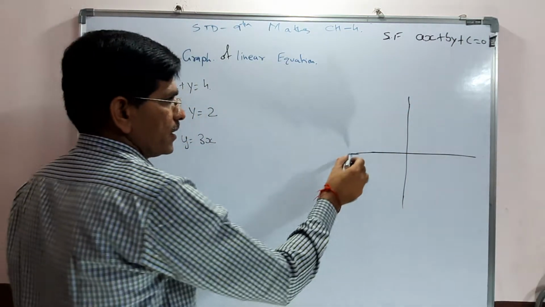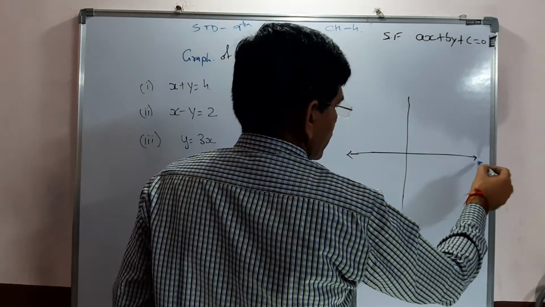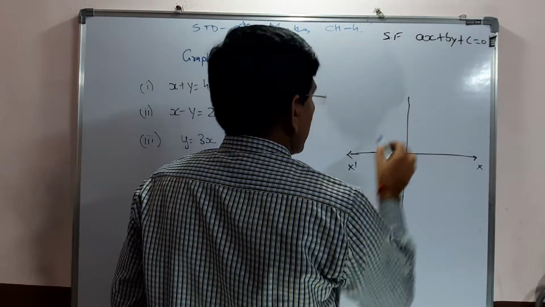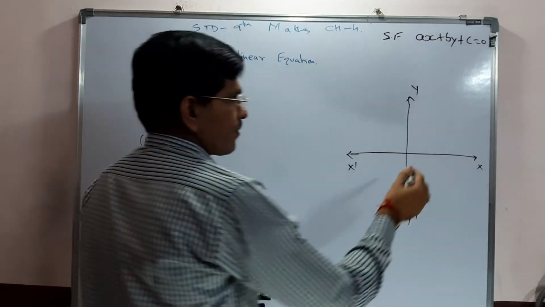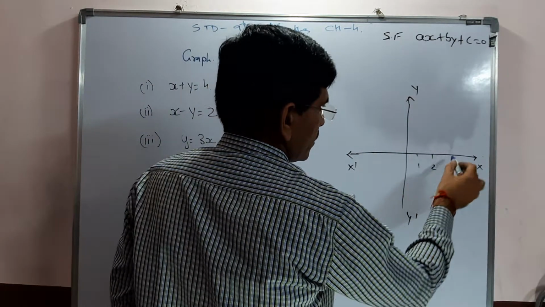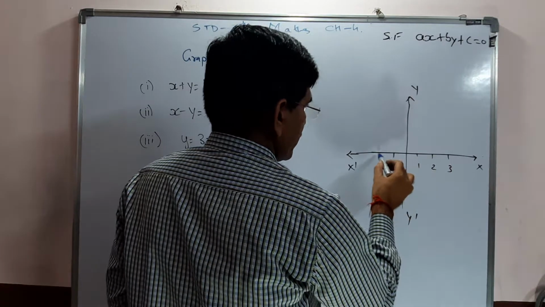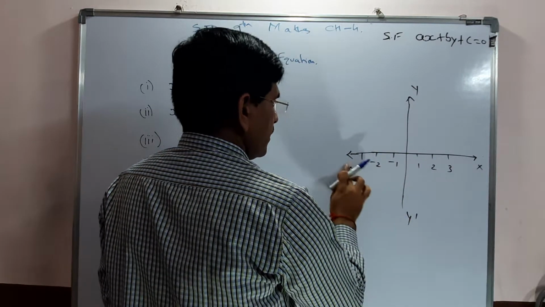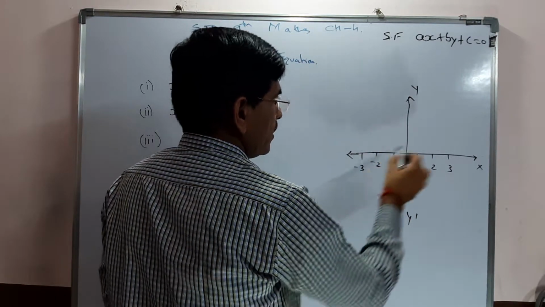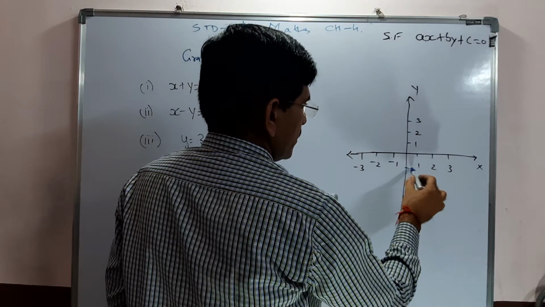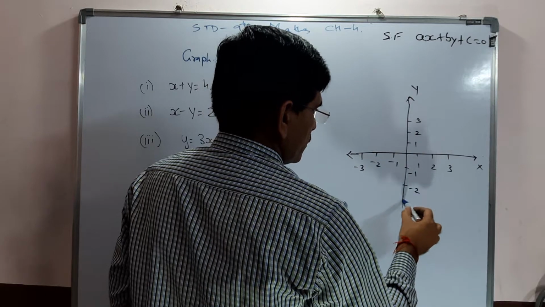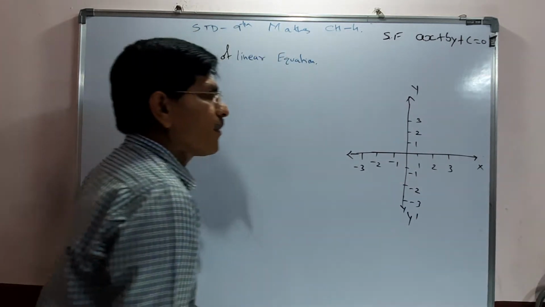In chapter number 3, we know the x-axis and y-axis: on the x-axis, positive 1, 2 and 3 on one side and minus 1, minus 2 and minus 3 on the other; similarly 1, 2 and 3, and minus 1, minus 2 and minus 3 on the y-axis.